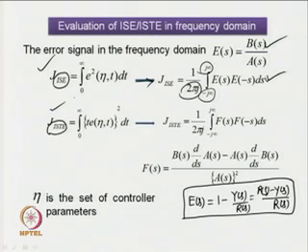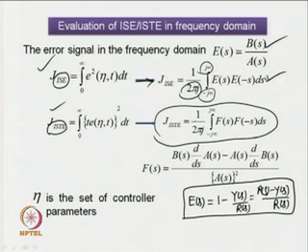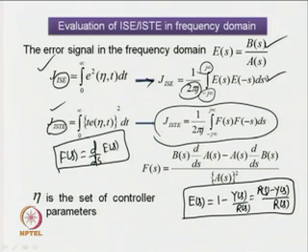Similarly, the ISTE performance criterion can be estimated using the formula 1 upon 2 pi j integration from minus j infinity to j infinity of F(s) F(minus s) ds, where F(s) is the first order differentiation of E(s) with respect to s.